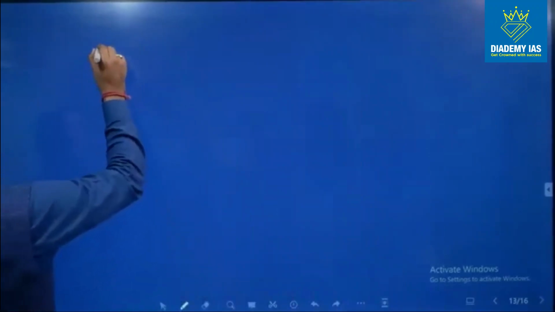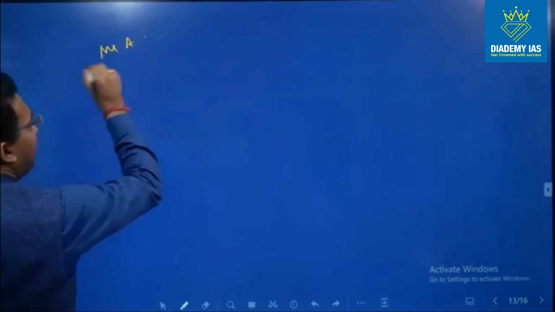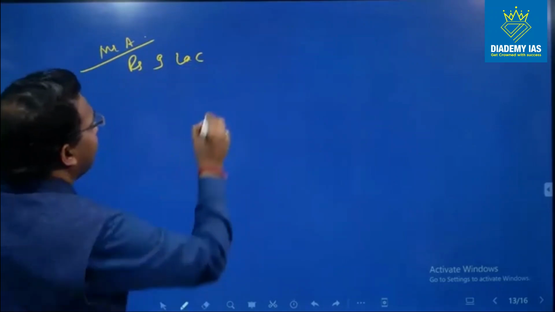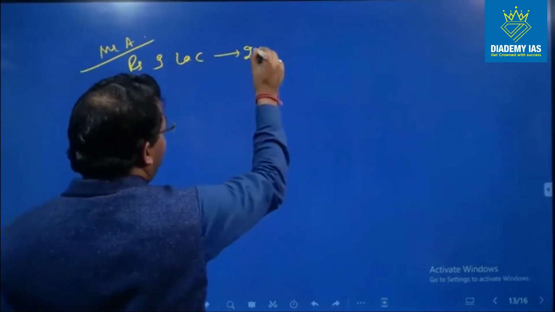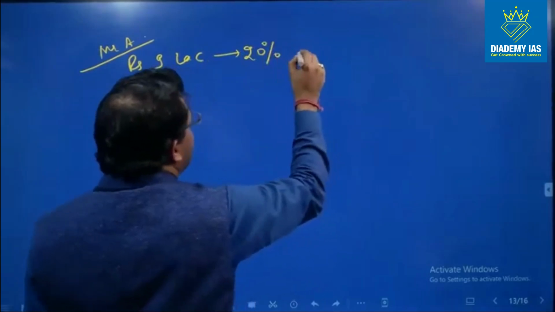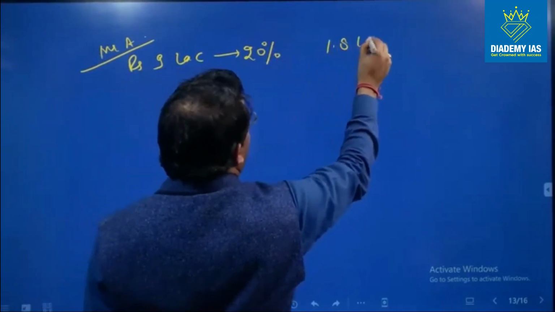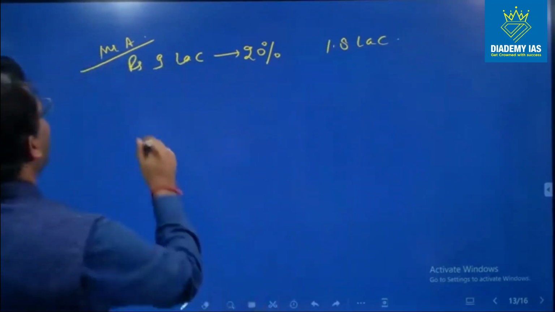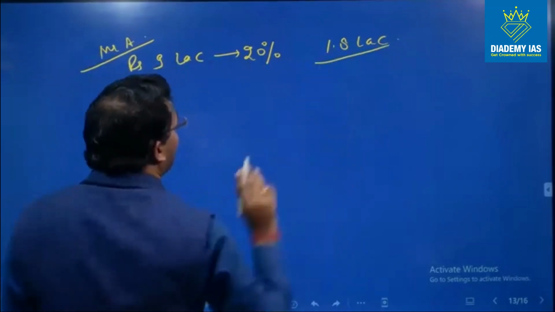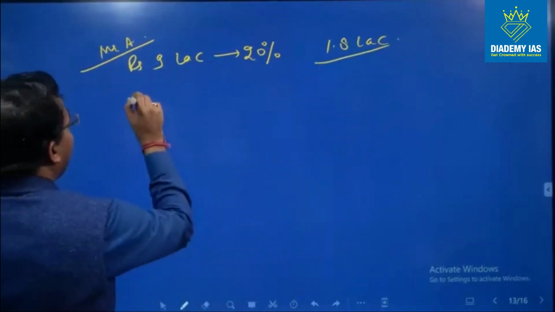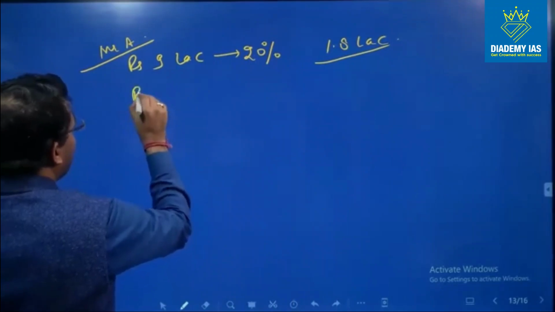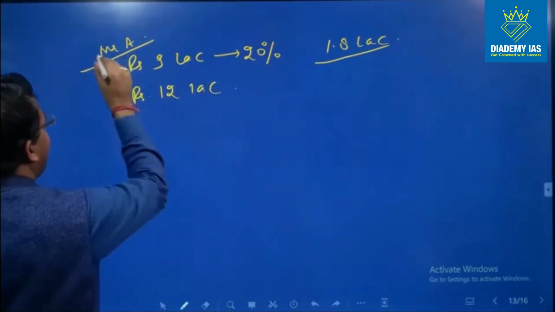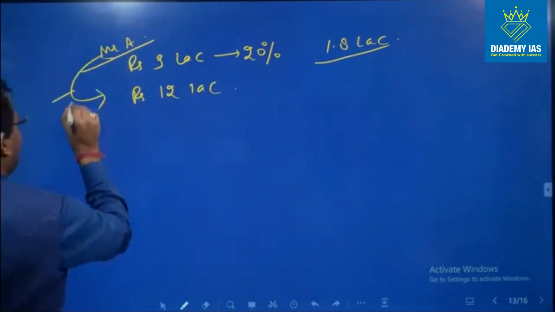So, suppose Mr. A's income was rupees 9 lakh. That means he was paying 20% income tax, that is 1.8 lakh. For the sake of simplicity, I am not going much into detail about the calculation. You just suppose this is 1.8 lakh. Now the income of Mr. A increases to rupees 12 lakh. And this increase is primarily because of two reasons.